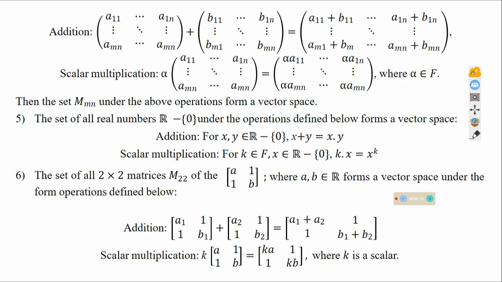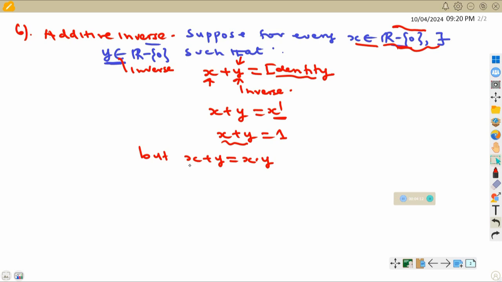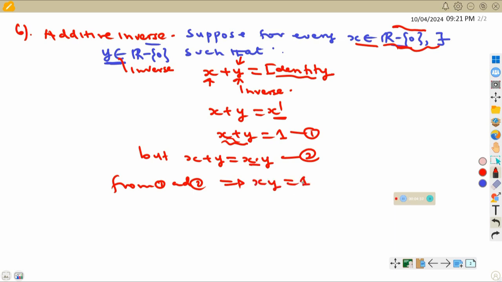So from 1 and 2, it implies that if x plus y is equal to 1 and x plus y is x times y, then xy is actually equal to 1. So it means that y is 1 upon x. So our additive inverse exists and it is 1 upon x.